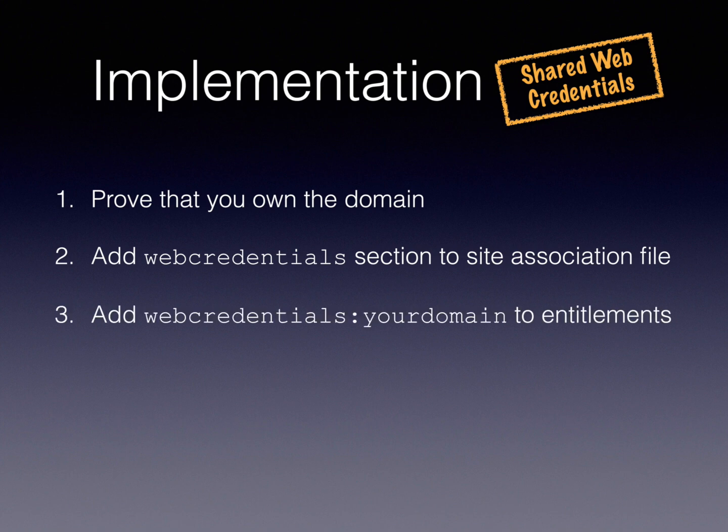Also, the app needs to have in its entitlements the web credentials: your domain entitlement, and these entitlements are used in the provisioning profile and when signing the app to basically lock it down so that you can't have a different binary to get these credentials.